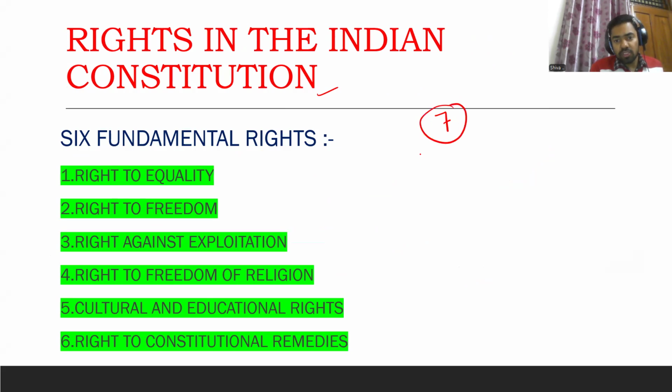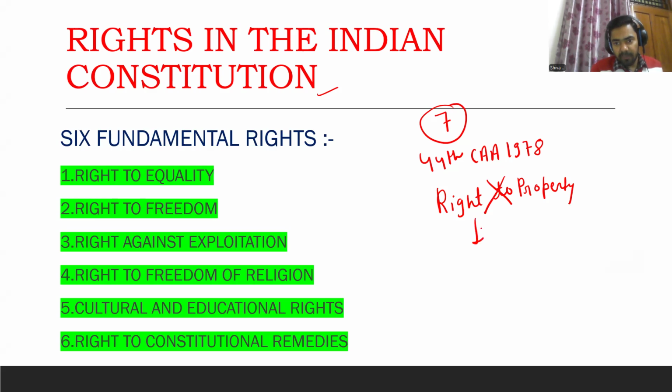But by the 44th Constitutional Amendment Act, 1978, right to property was deleted and now has been made a legal right, and put in Article 300A, Part 12 of the Constitution.